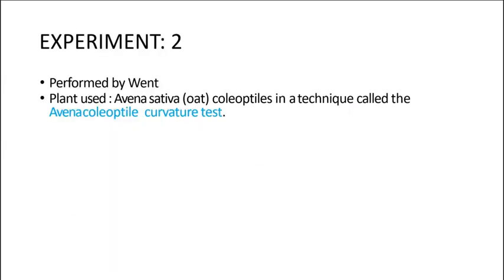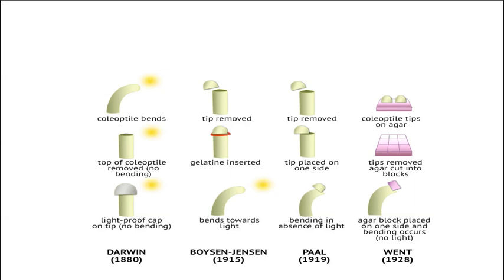What does he want to prove with gelatin? That gelatin is a water permeable substance which will allow the auxin to diffuse through it.